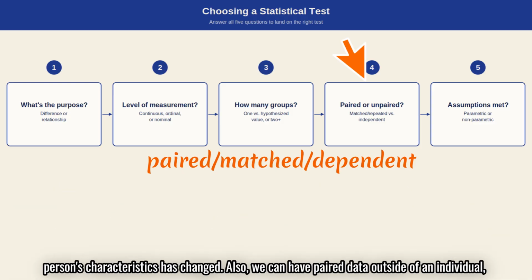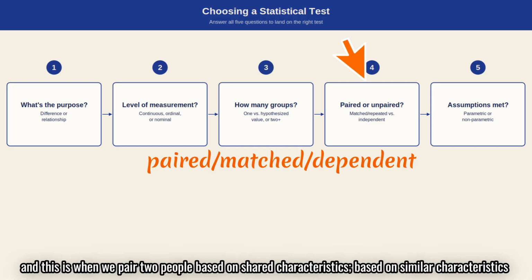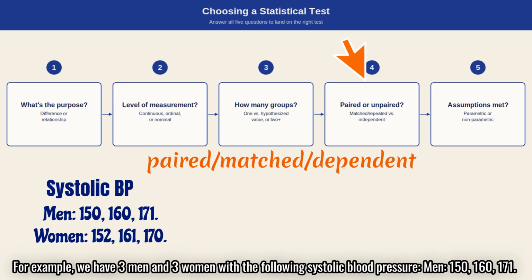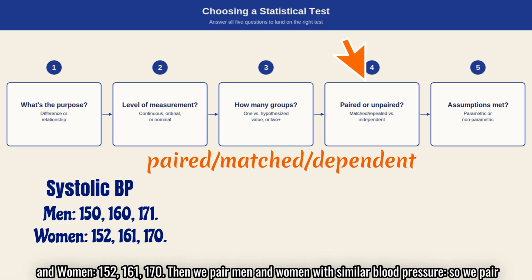And also we can have paired data outside of an individual. This is where we pair two people based on shared, similar characteristics. For example, we have three men and three women having the following systolic blood pressure. Men have 150, 160, and 171, and women have 152, 161, and 117.